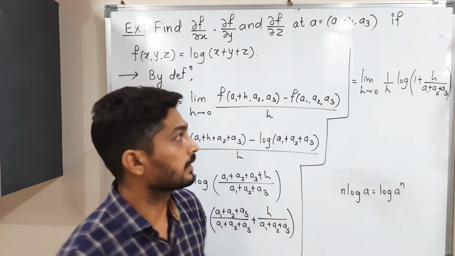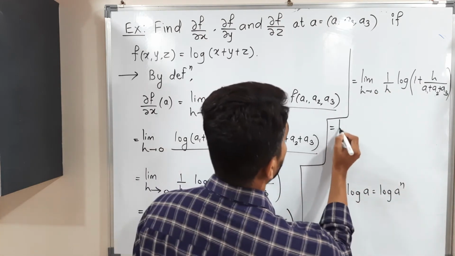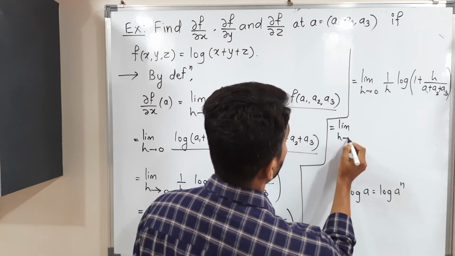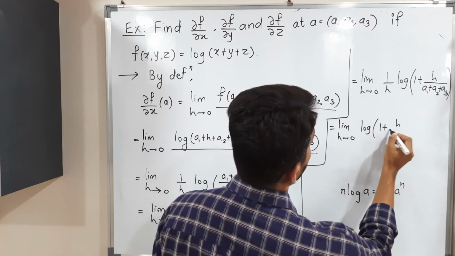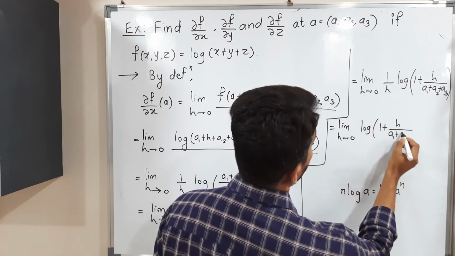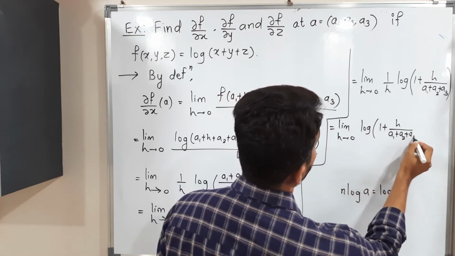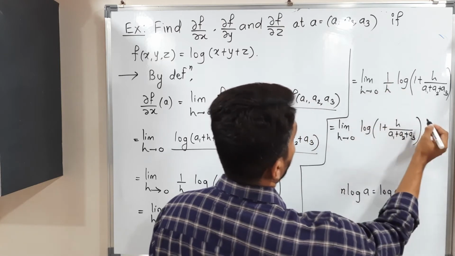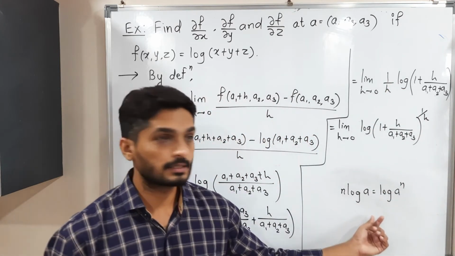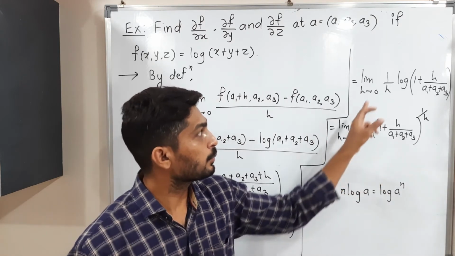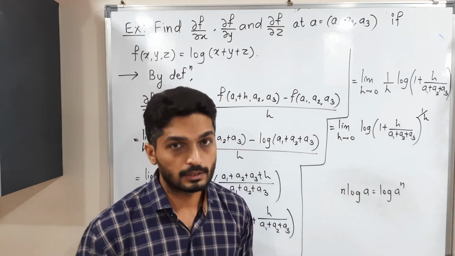This is equal to limit h tends to 0, log of (1 plus h upon a1 plus a2 plus a3), with this 1 by h as the power of this bracket. So n is equal to 1 by h here, that's why I could write it in this way.